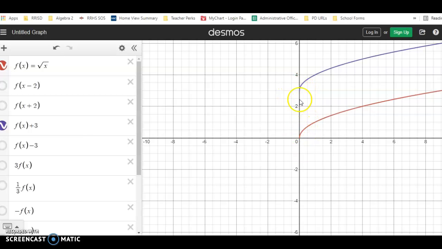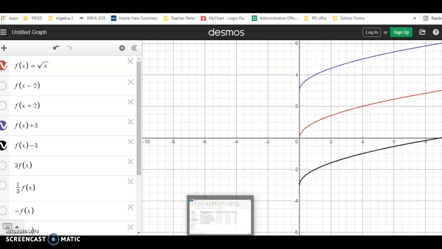So f of x plus 3. So it went up 3 units, and when you say minus, it goes down 3 units, right? So this is behaving as we are intending it to behave. So I call these good children, like good child, only because it is behaving as what I expect it to do. So that is horizontal translation, and this is vertical translation.